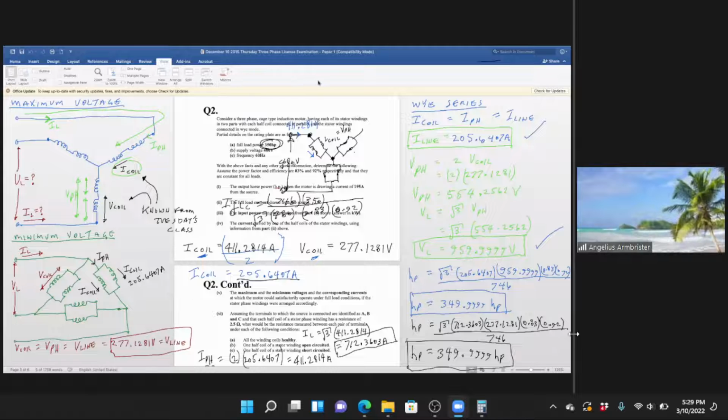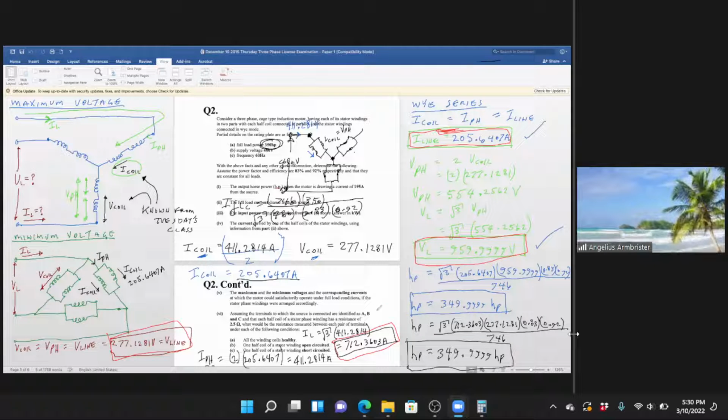The maximum value that you could use in this system would be 960 volts, and the current it will draw at that time would be 205.6407. That's the maximum voltage and the corresponding current. And then the minimum voltage would be this right here, the 277. And the corresponding current would be 712.